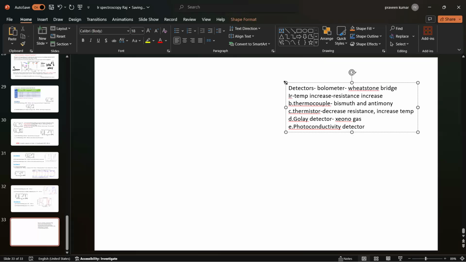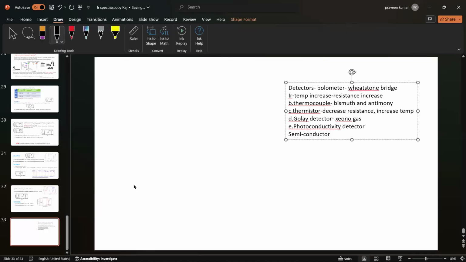The next detector is the semiconductor detector. These are the different types of detectors used in the IR.